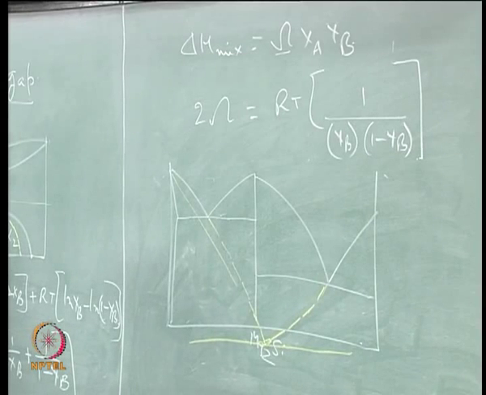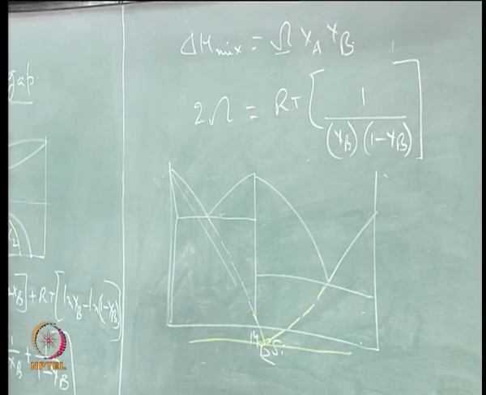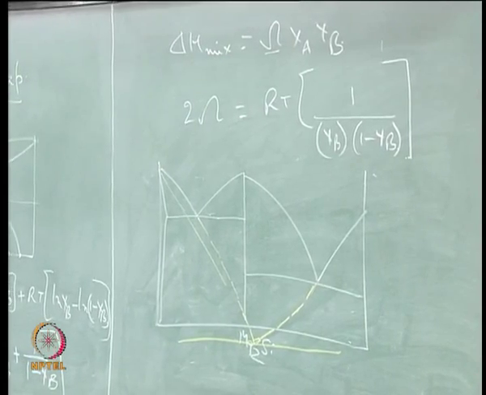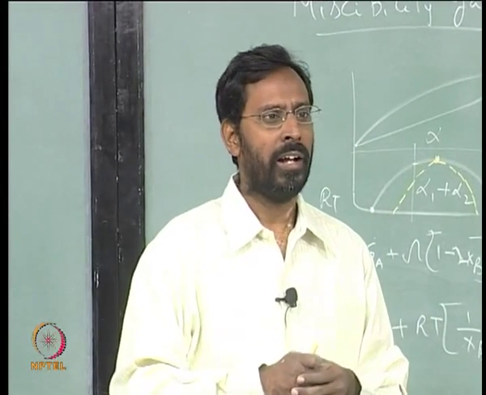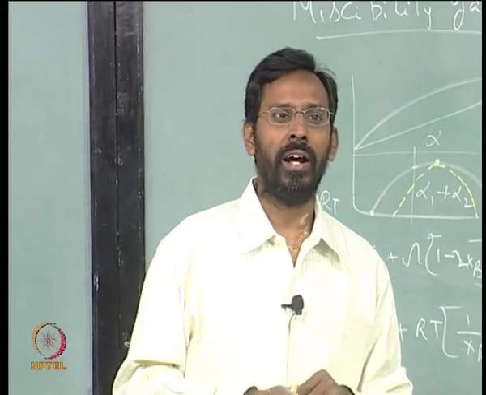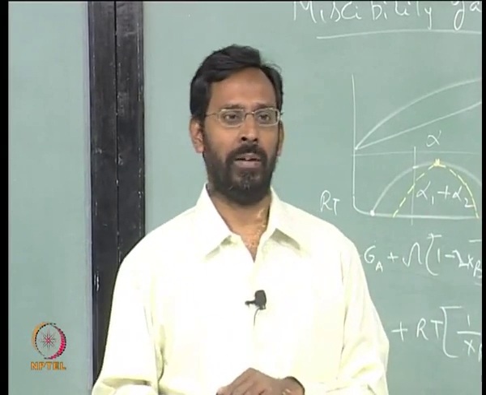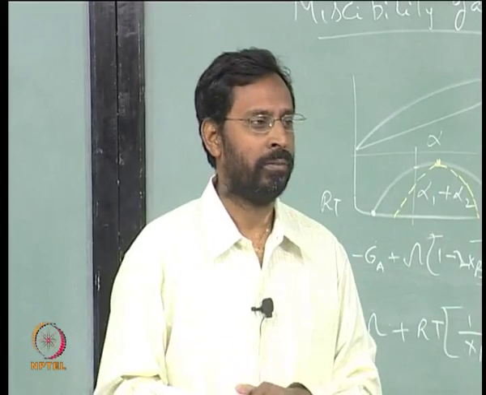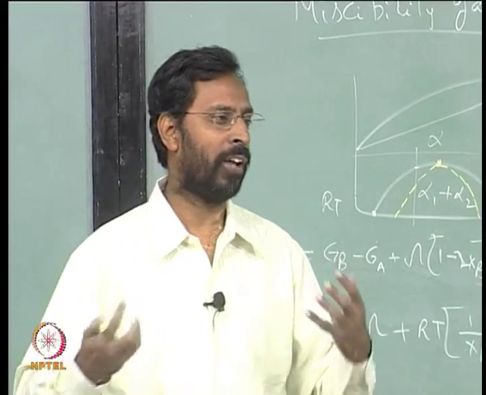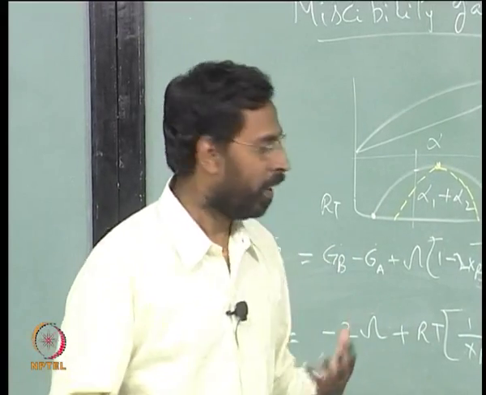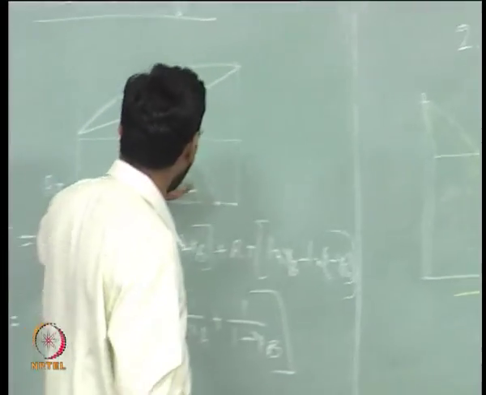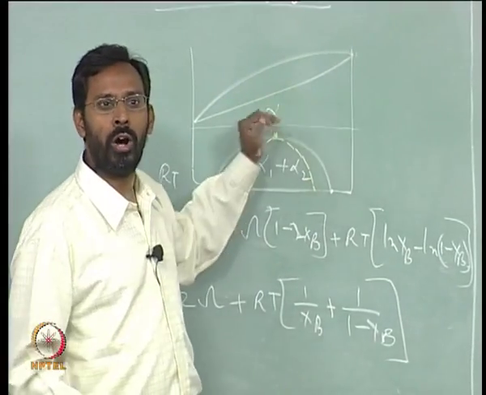In a normal binary system, where do you usually get the highest size factor? It is usually at 50-50. Whenever I put B into A, the highest misfit comes at 50-50, provided both are substitutional. That is where you will have the highest strain. That is the reason why you would see the miscibility gap more or less will go up.